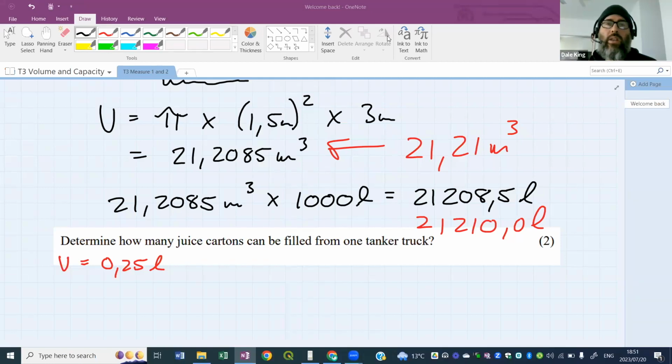So that number Bianca has, well done Bianca, 840 is very big, but it needs to be pretty big. 84, that looks better.